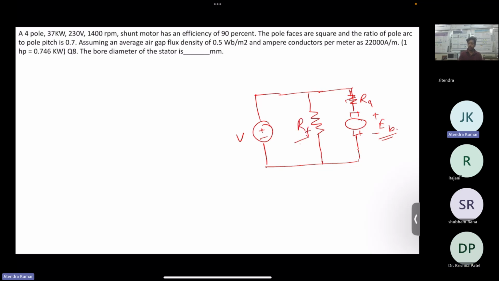So this is your field winding. This will be IL, this will be IF, and this will be Ia. For a shunt motor, IL is equal to IF plus Ia. You can apply KVL and KCL and calculate all the drops, but here no resistance values are given, so that won't be required for this particular problem.